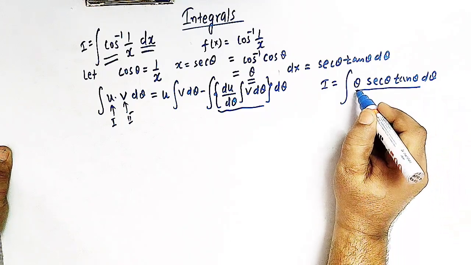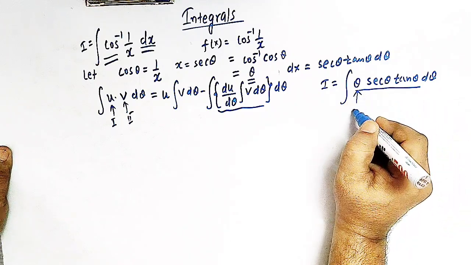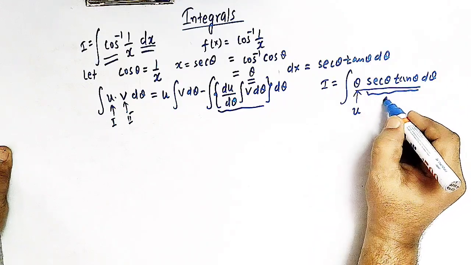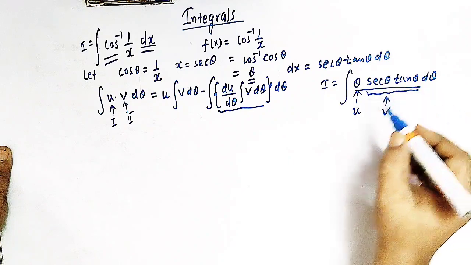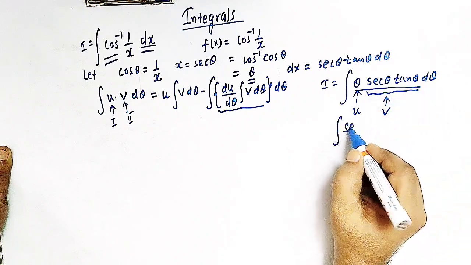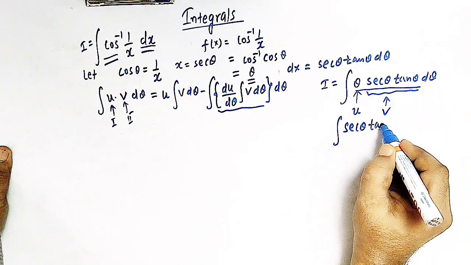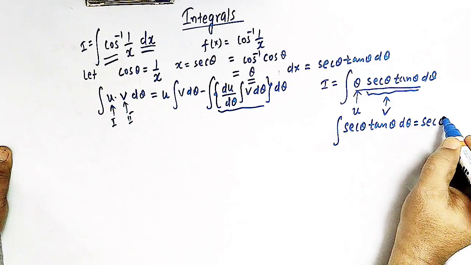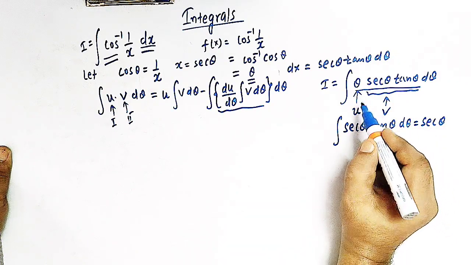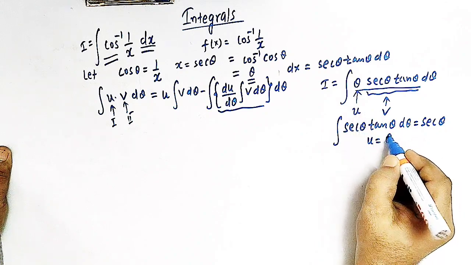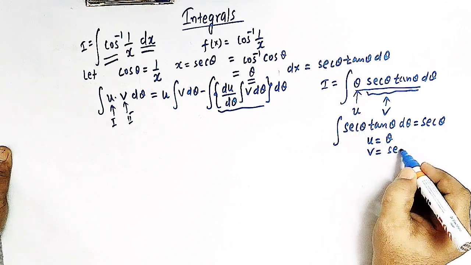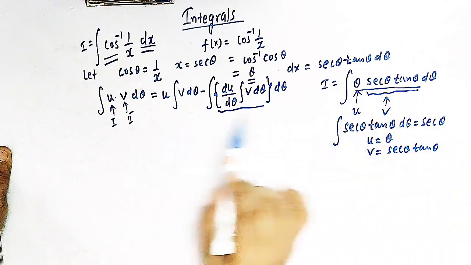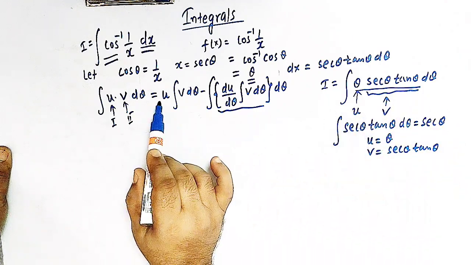We can take u as theta, and v as secant theta tan theta, because we know that the integral of secant theta tan theta d theta is equal to secant theta. Now taking u as theta and v as secant theta tan theta, we can substitute the values of u and v in this result.